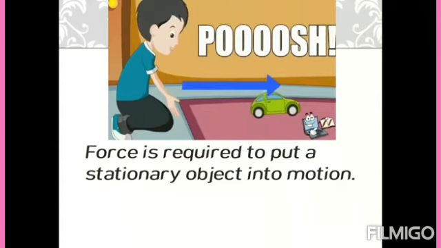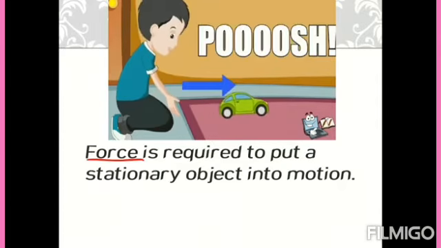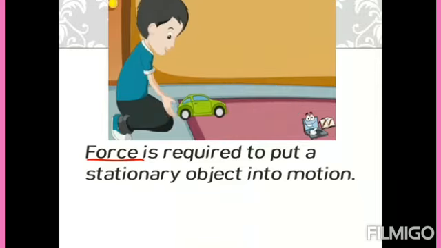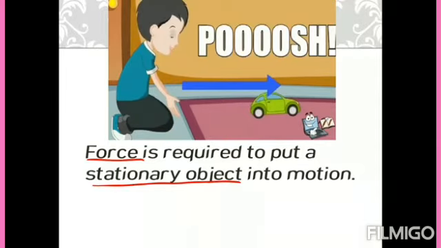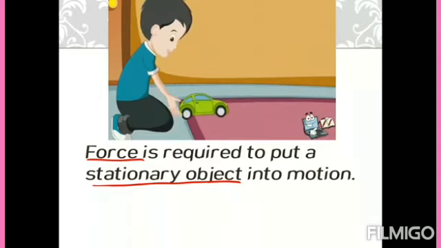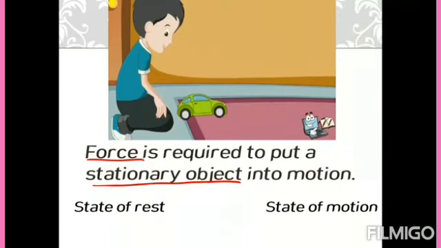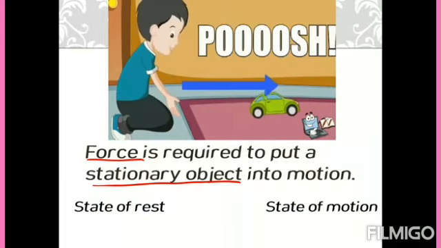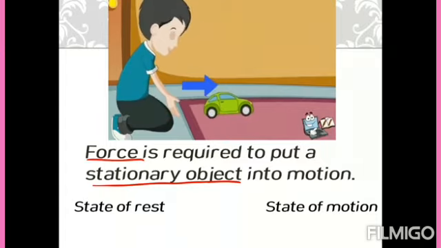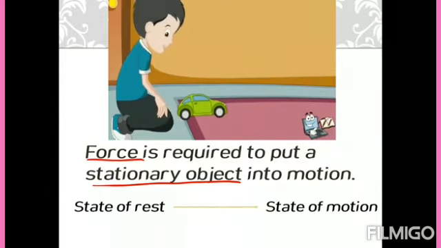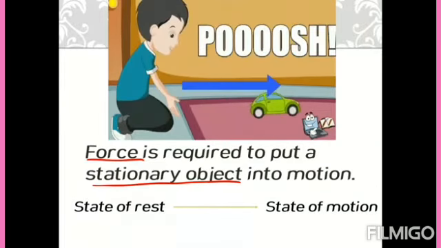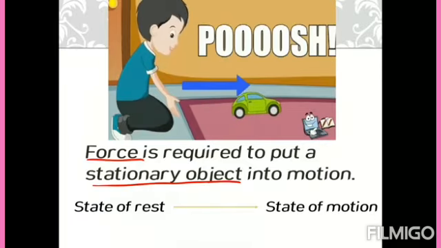Here, force is applied by the boy on the stationary object, that is the car, in order to move it. So you can see that the state of rest of the car has been changed to the state of motion due to the application of force.